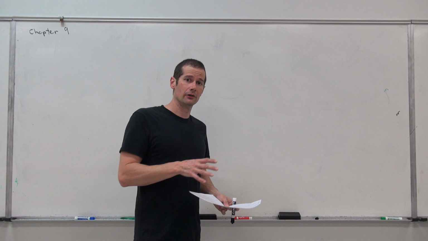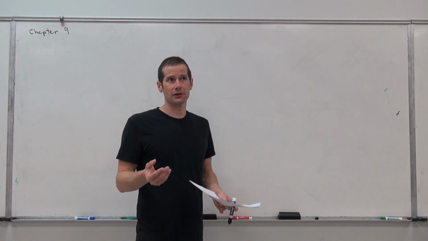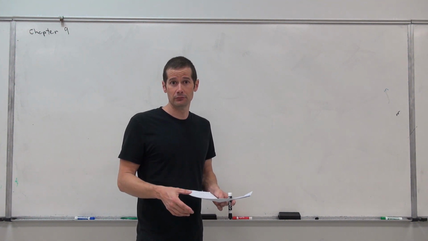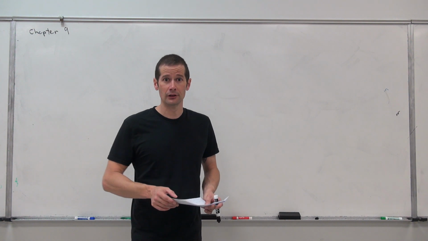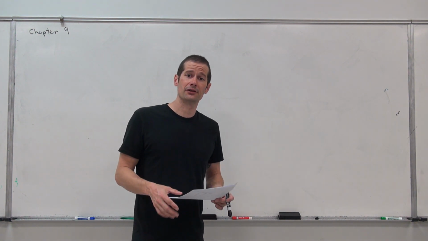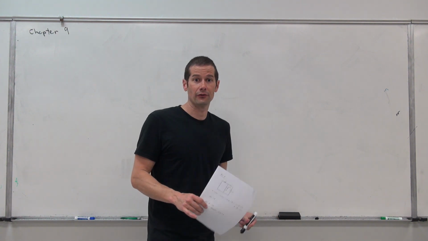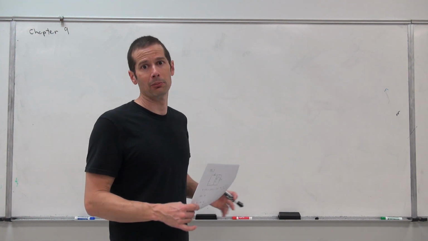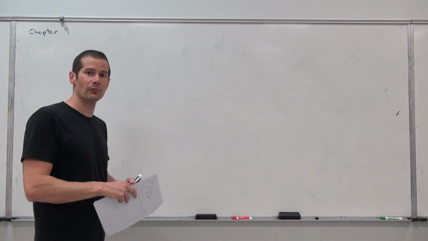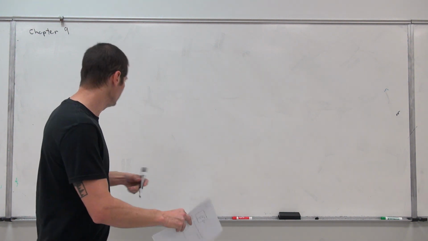We will work over how to do superposition in a different video. This video is mainly just to make sure you understand how to do sinusoidal steady state analysis from a base operation. So let's jump right into problem 9.